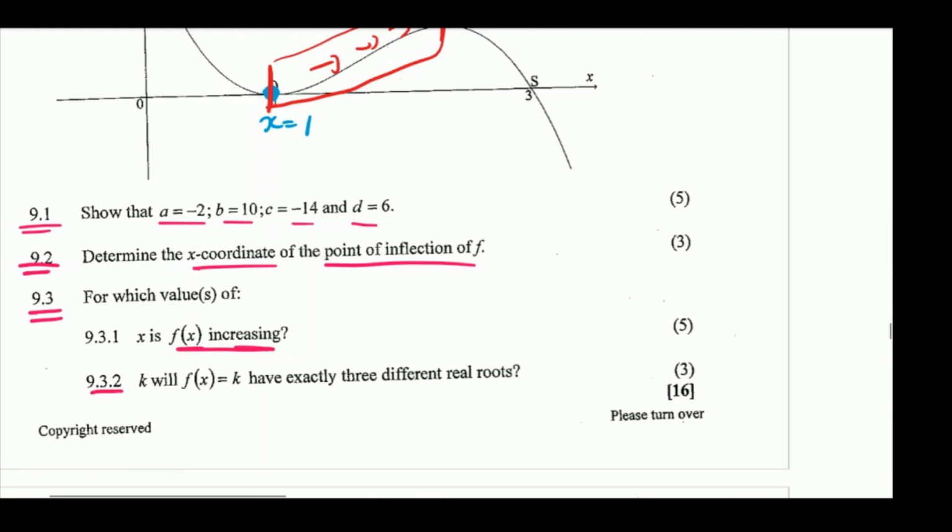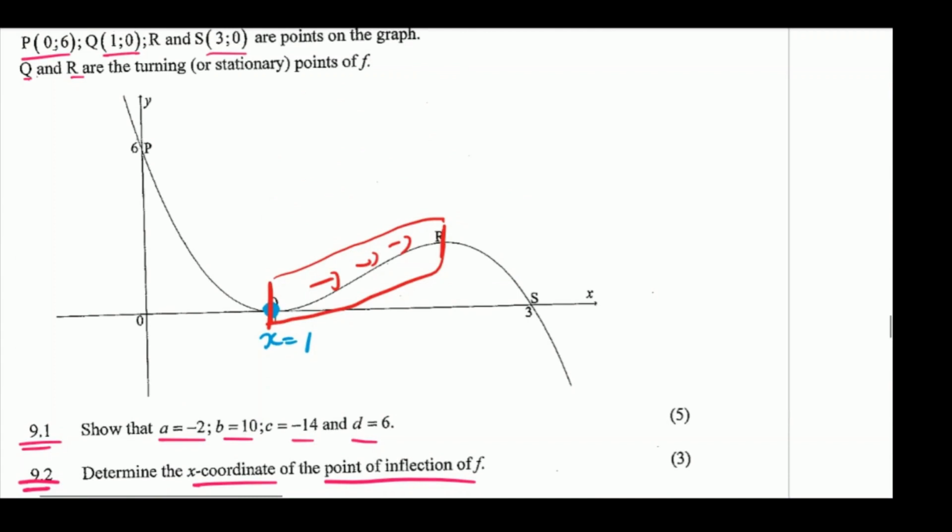So now we're going to do 9.3.2. It says that we must find the values of k when f of x equals k has exactly 3 real roots, right? So how do we find this? We go back to our graph, and we want to identify the values of k when the number of roots is 3, right?